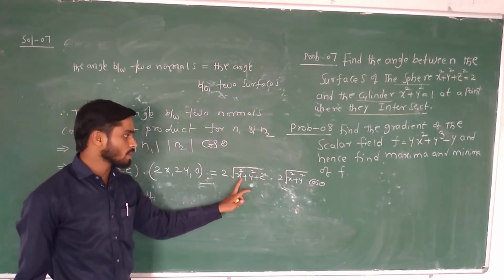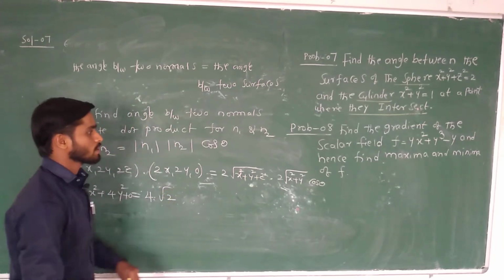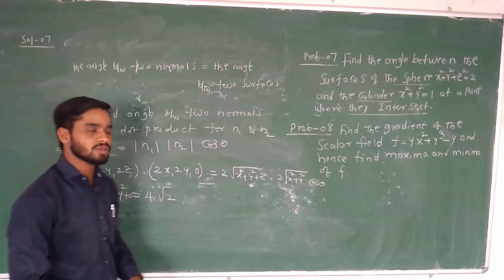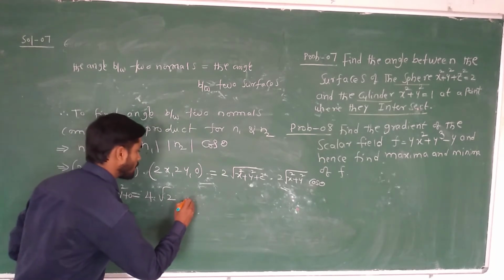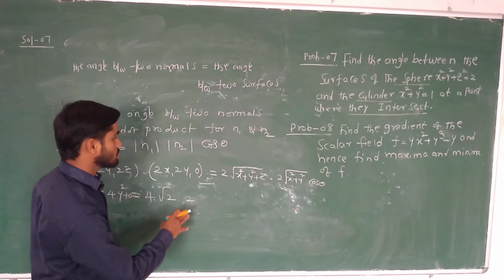Therefore, x square plus y square plus z square is 1 plus 1, that will be root 2. And here x square plus y square also 1. So that will be 2. So that will be how much?